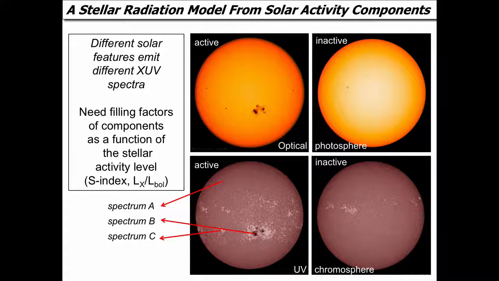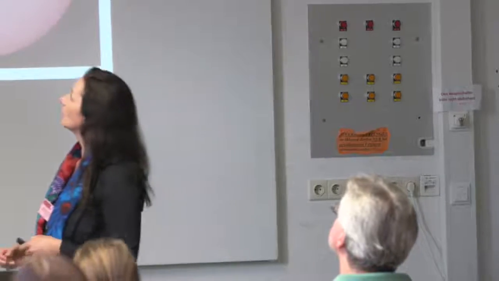And a project that a master student of ours was working on is to put together all the different signatures for a spectrum from a quiet area, from a spot area, and from a plage area, for example.